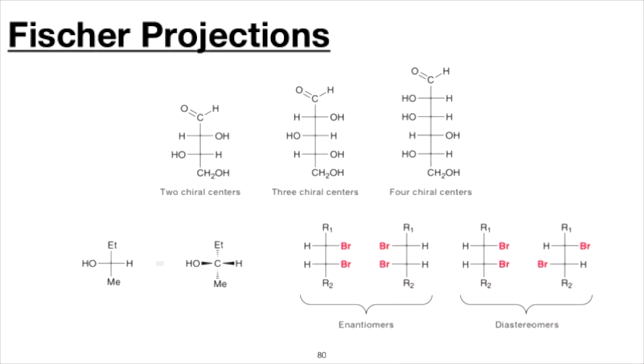And in this projection, the whole point is that you have these crosses that signify the things on the left and right are coming out towards you, and the things on the verticals are going away from you.